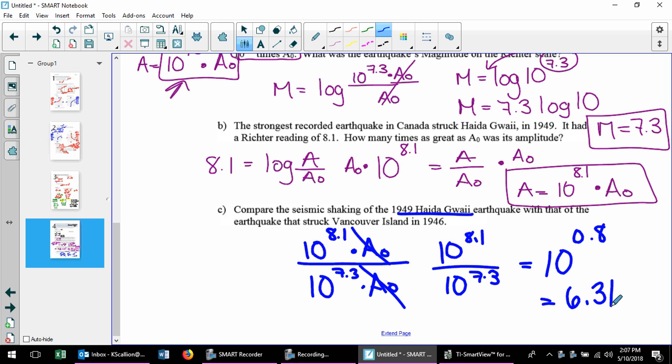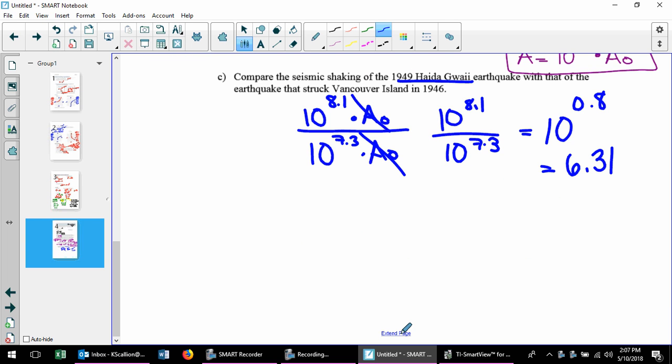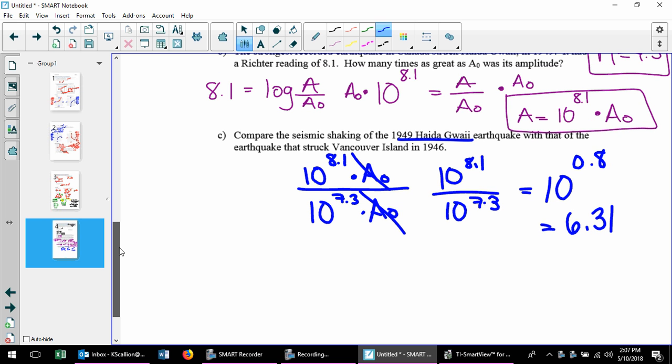So what does that 6.31 mean? It is the answer. Do that in your calculator. If it was no calculator, you wouldn't have put 6.3. You would have left it as 10 to the exponent 0.8.